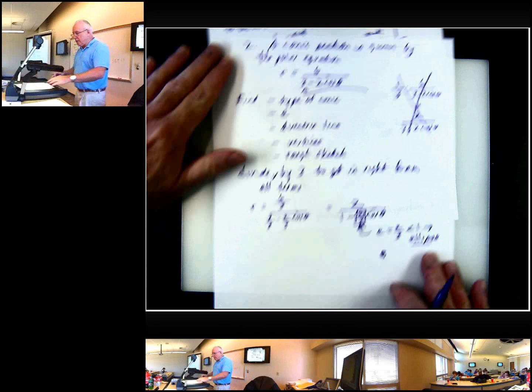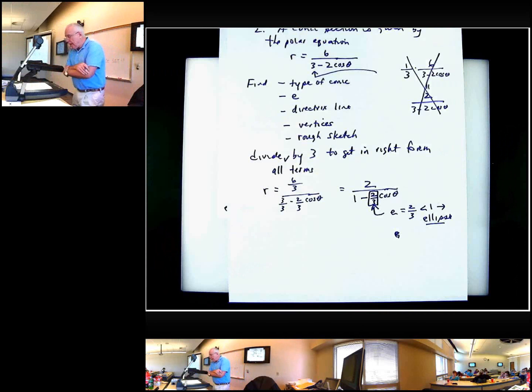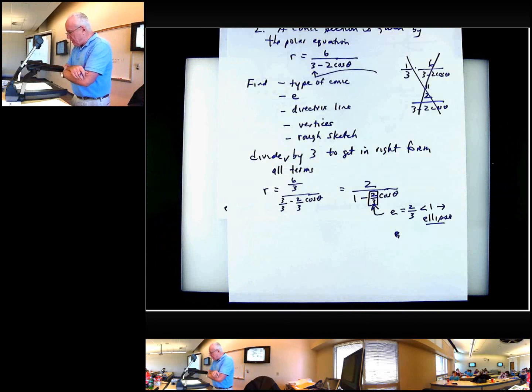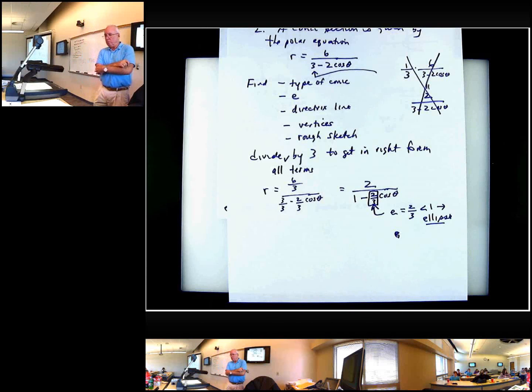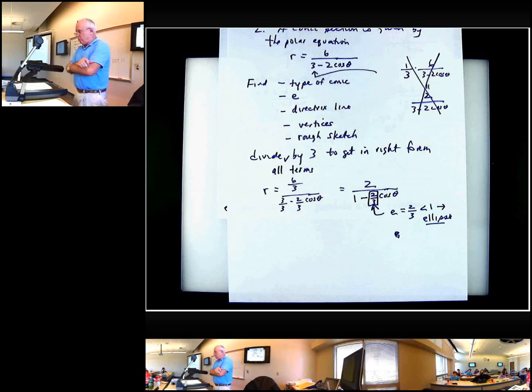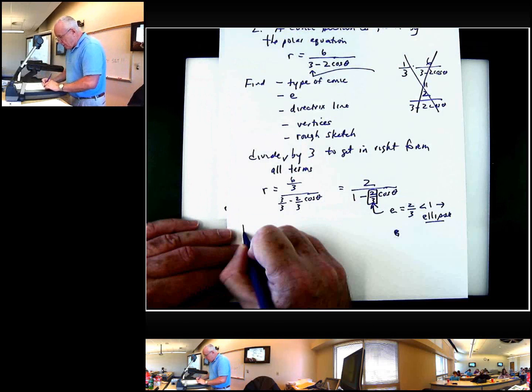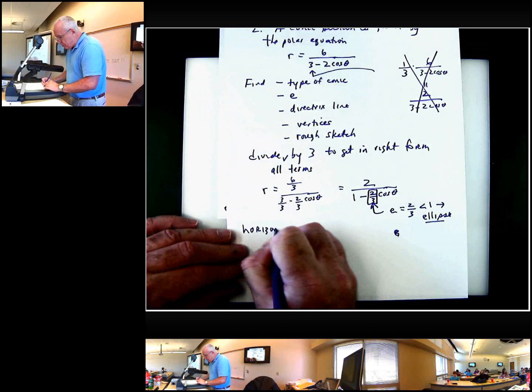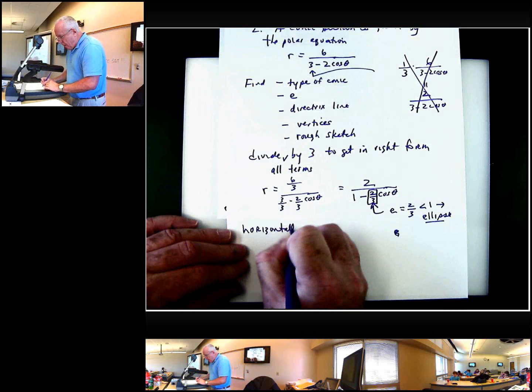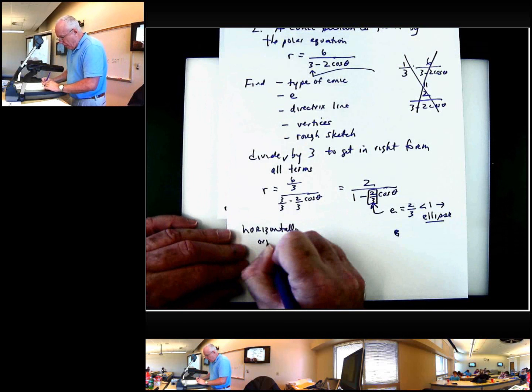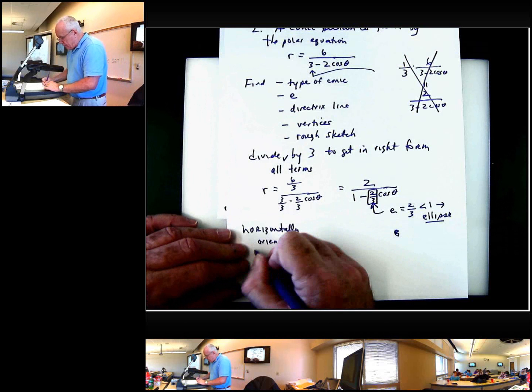All right. Now, is this going to be vertically oriented or horizontally oriented? Horizontally oriented because we have a cosine here. So let me just write this down. Horizontally oriented, since we have cosine.